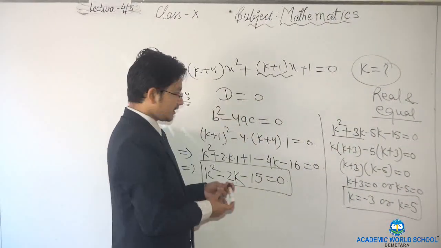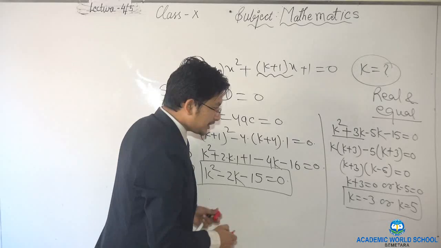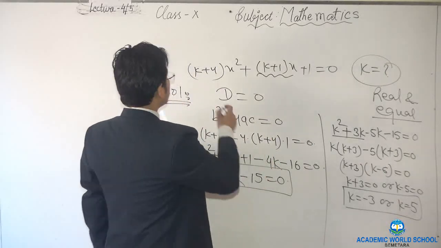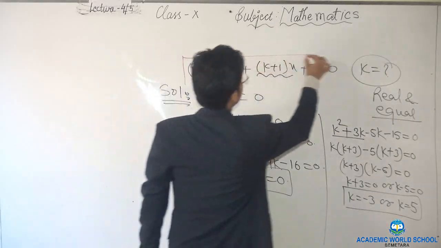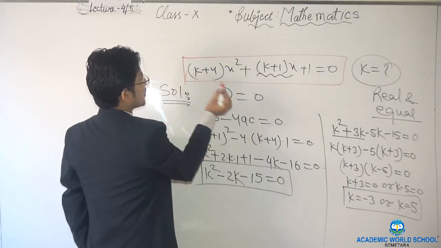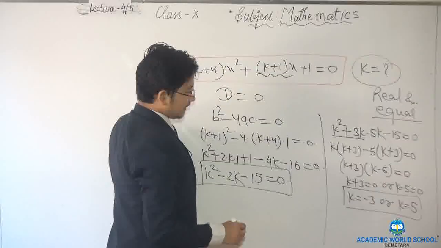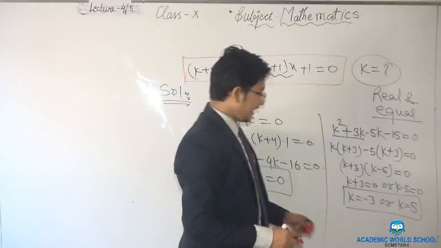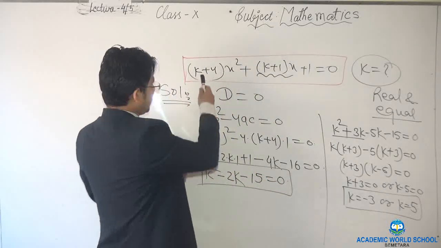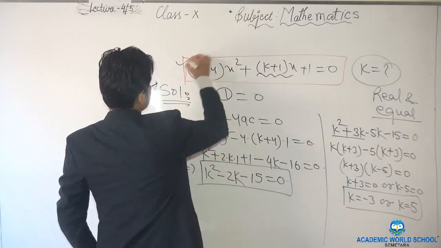Now we have to check. Once we got the value of k, we have to come over here and check whether k is equal to minus 3 is acceptable. Yes, this is true.